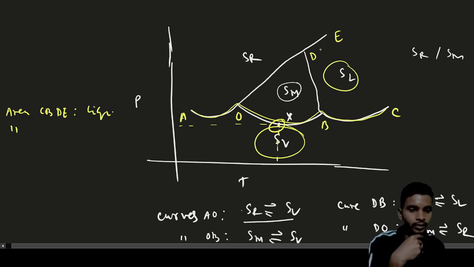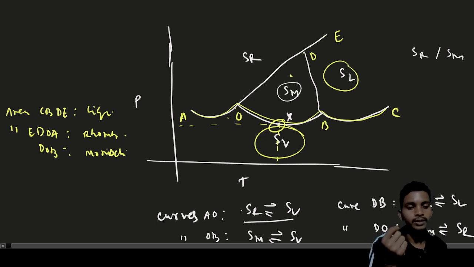Similarly, this area EDOA is only rhombic sulfur. Similarly, DOB is only monoclinic.